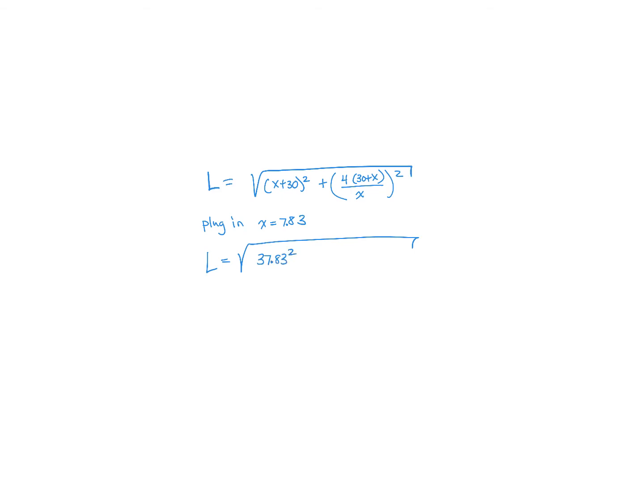So this will give me 37.83 squared plus 4 times 37.83 divided by 7.83 squared, and we should get approximately 42.5 feet. So I want you to look at this and go back and make sure that we went through the steps that we should have gone through. We drew a picture, and the picture served as our identifying our variables.